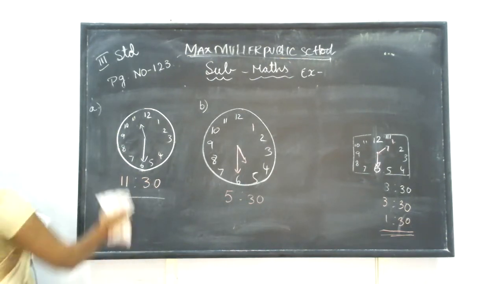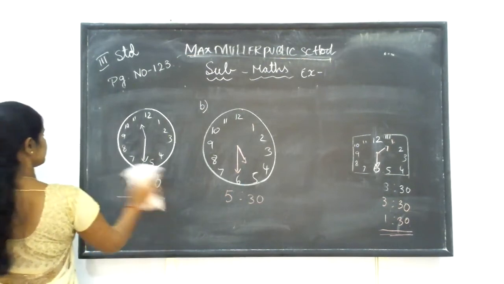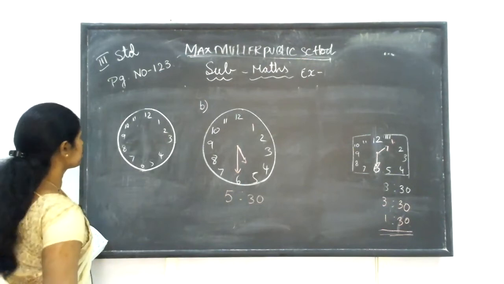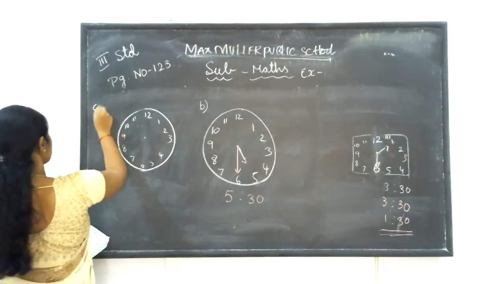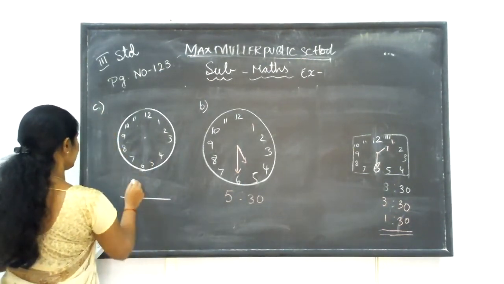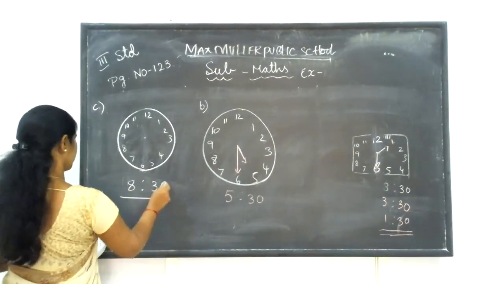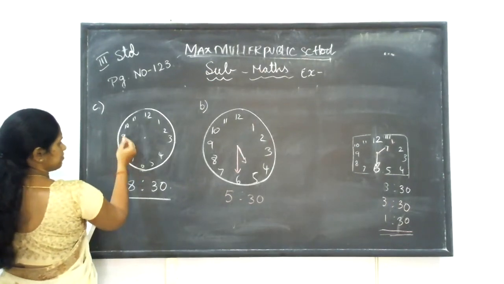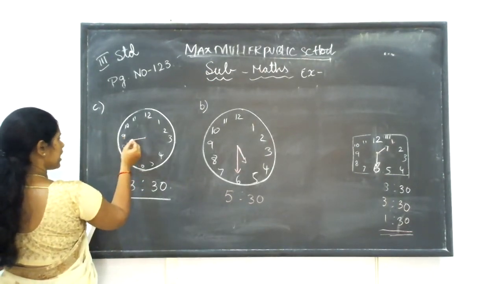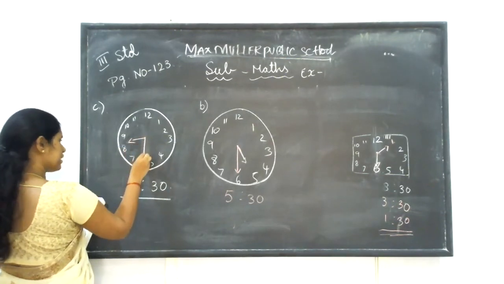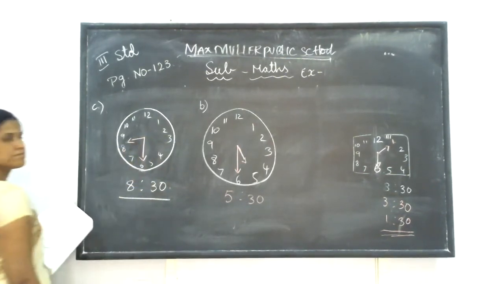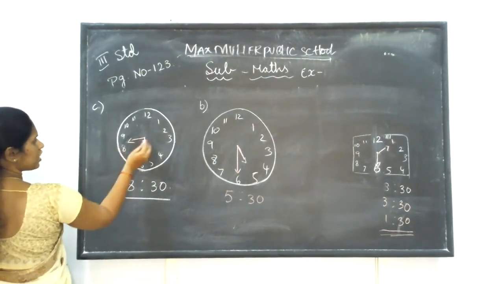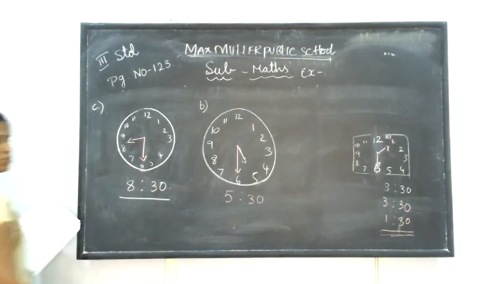Next, C1. 8:30 means between 8 and 9. Between 8 and 9 draw the short hand, and the long hand should be towards 6.